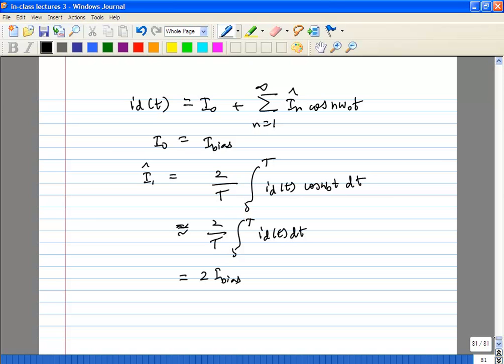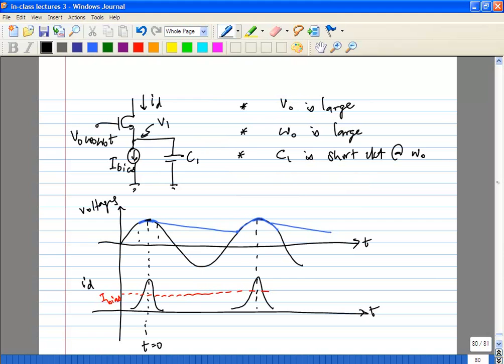Okay. How about higher components? We are going to assume there is some network there which is going to filter out the other components. So we are going to assume that only the fundamental component of current creates a large enough voltage to affect the circuit.